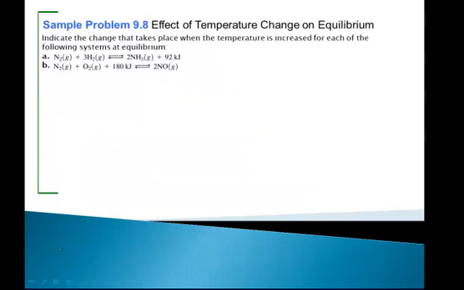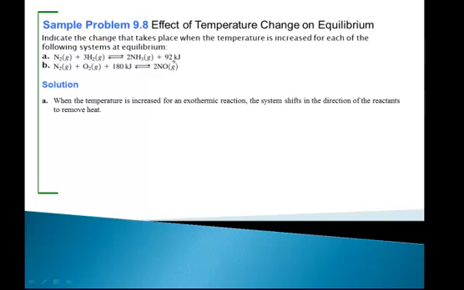The next one, I'm looking at temperature changes. So now it depends on whether the reaction is exothermic or endothermic. For the first one, if the temperature is increased, it's going to want to shift to decrease the temperature in order to get rid of that stress, which means it's going to want to shift away from the heat.